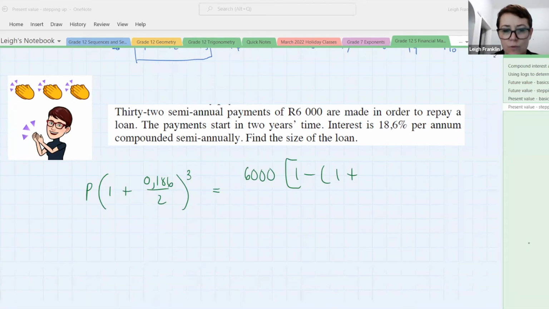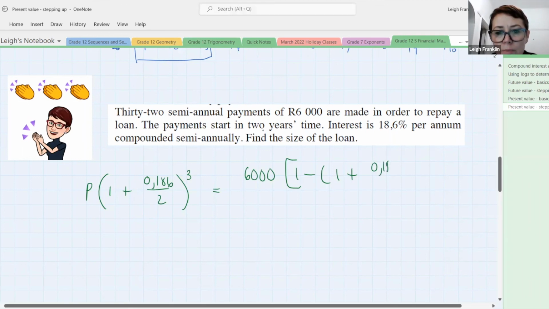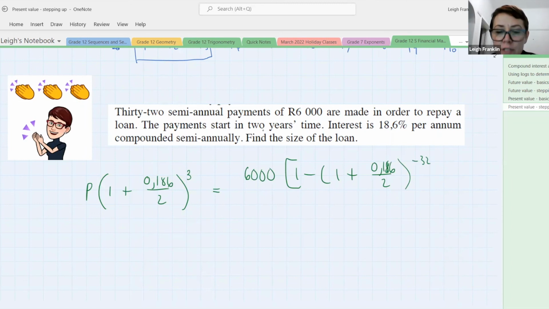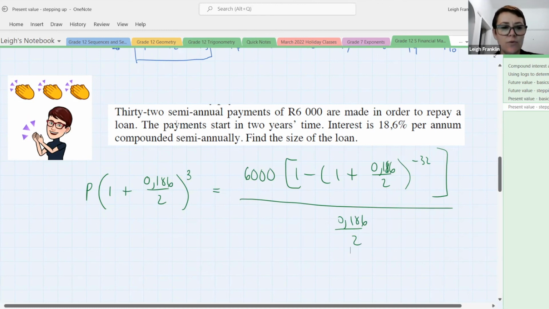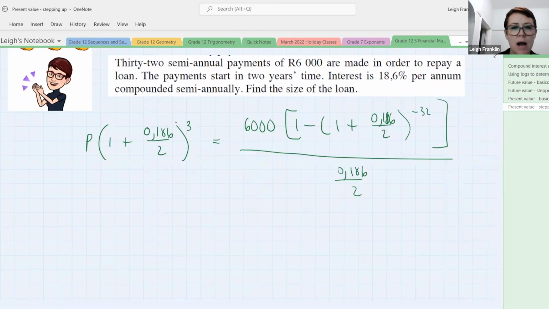Okay, let's have a look if we can do a timeline. So 0,186 over 2, and then there would be 32 payments like they told us. And then, okay, we would be able to solve P as follows. All right, let's see if we can draw a timeline of this.